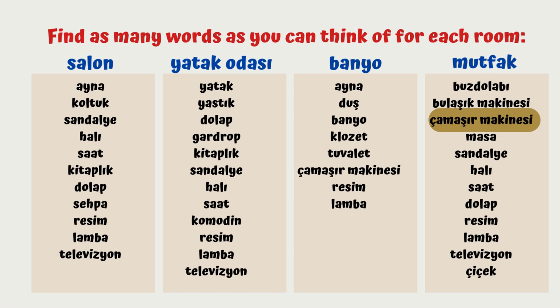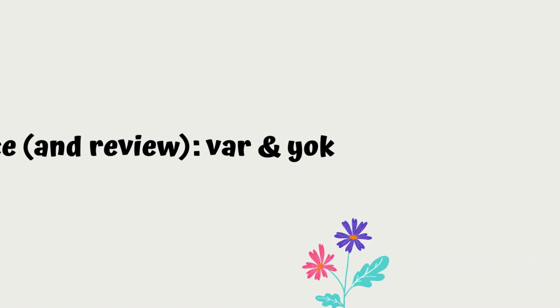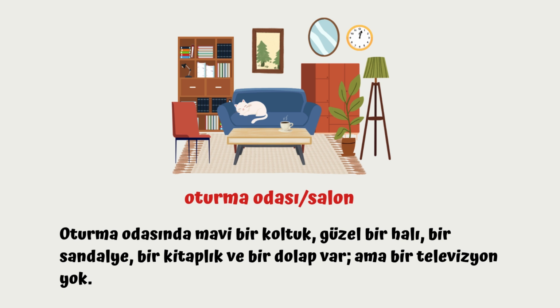Okay, so let's practice the use and the form of var and yok. And actually we have studied this one in the previous episodes. But let's remember one more time by looking at this oturma odası. So I'm going to describe this oturma odası by using var and yok. Okay, so this is the sentence.